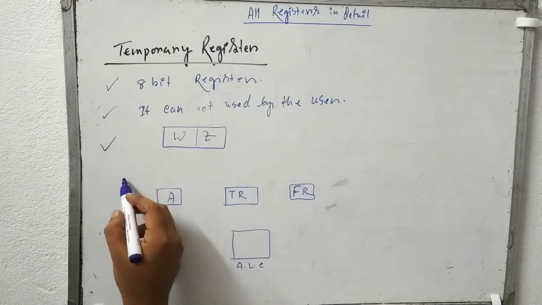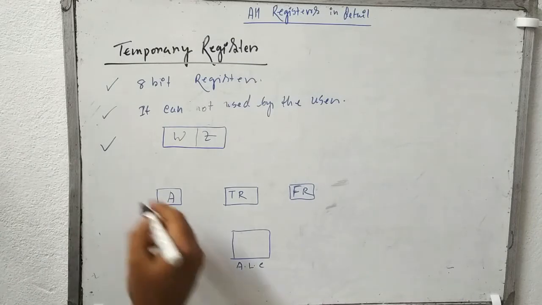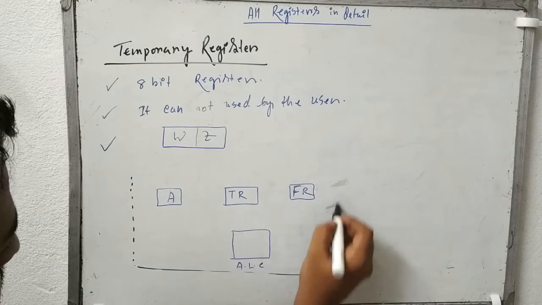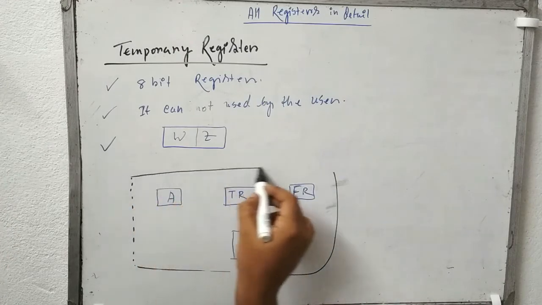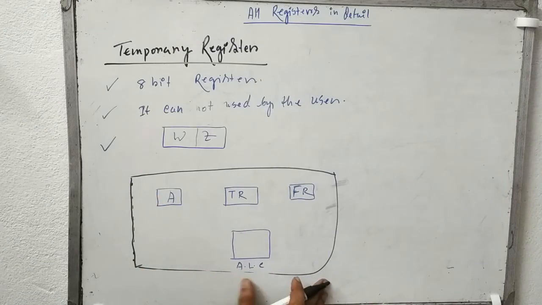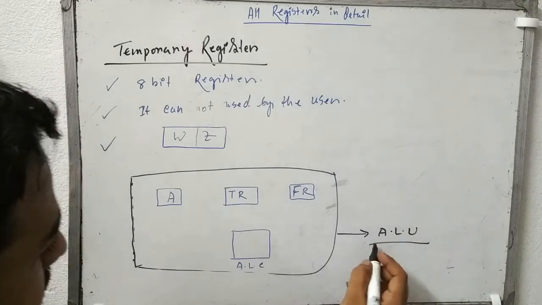So basically this whole combination of these four components is called the arithmetic logic unit.